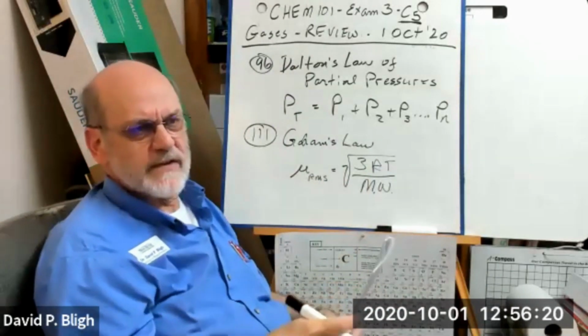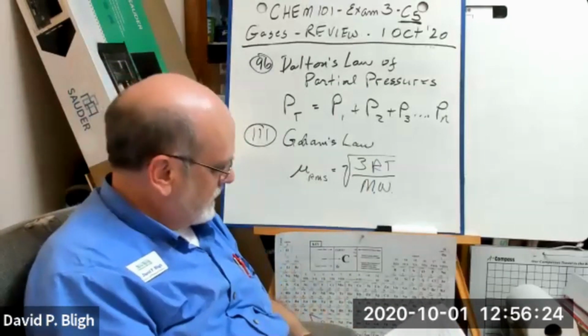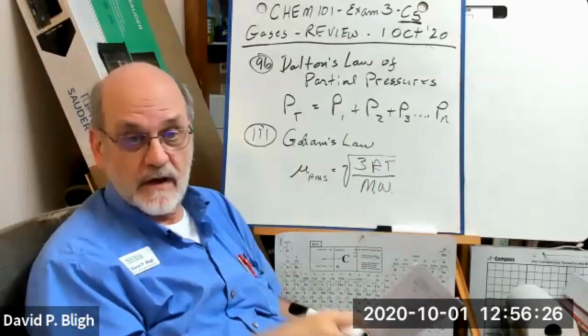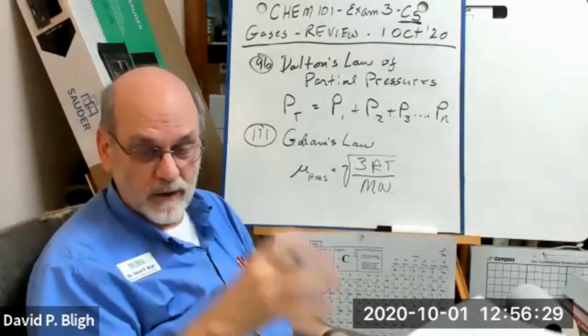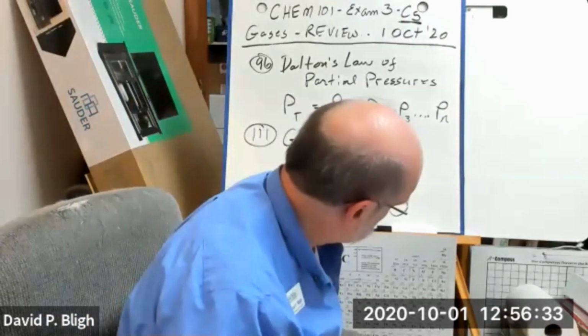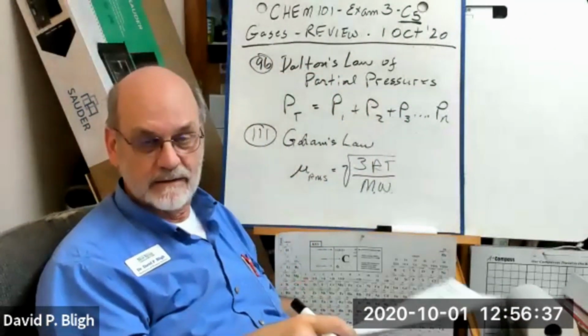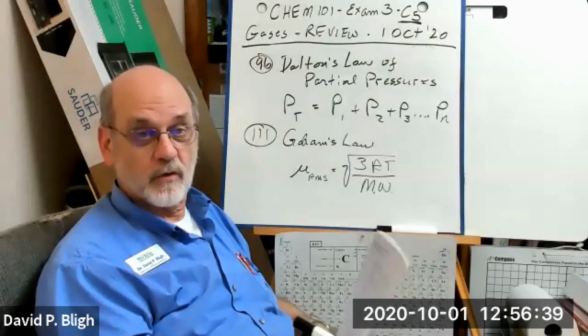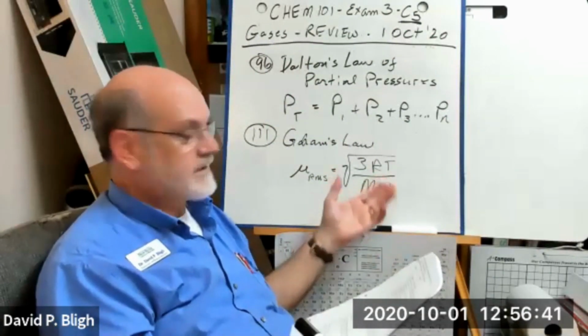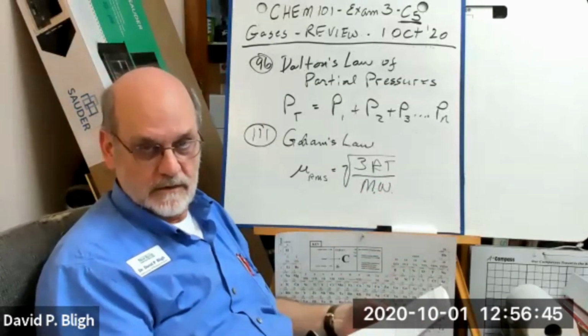So if you had two gases, let's take noble gases, helium, which has a molar mass of around 4, and we compared it to argon, which has a molar mass of 40, which one would move faster at a given temperature? The helium, of course, because it's smaller.